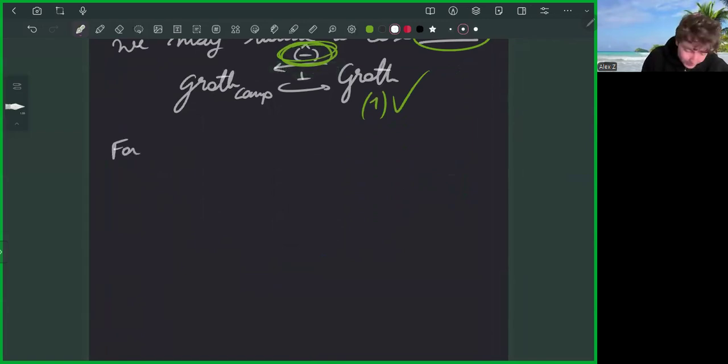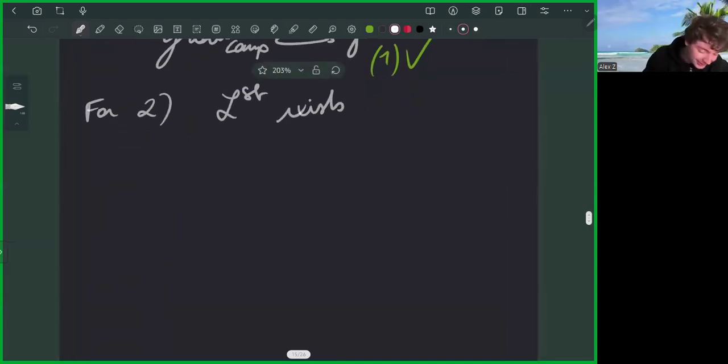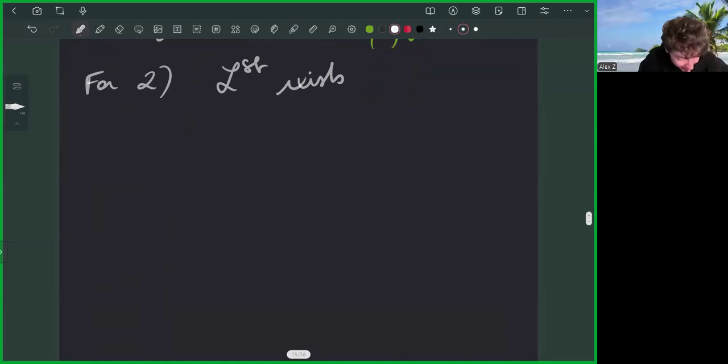Let me now do 2. So now we know that LST exists. They should have called it LSD, but that's a mistake there. So this functor exists. And now we have to show that this is compatible with the symmetric monoidal structure. So what does this mean?